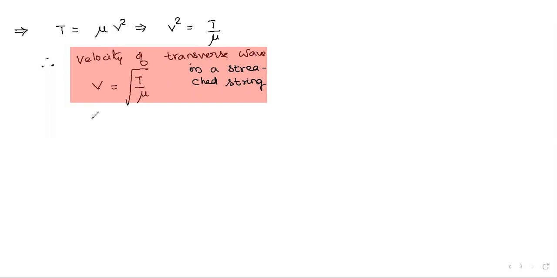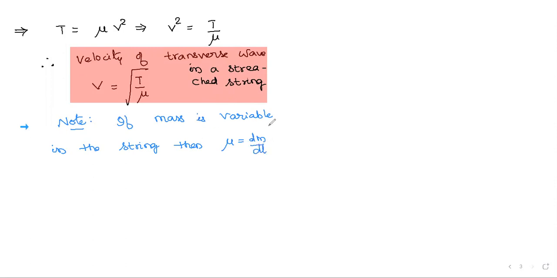If mass is variable in the string, then I write mu equals dm by dl.